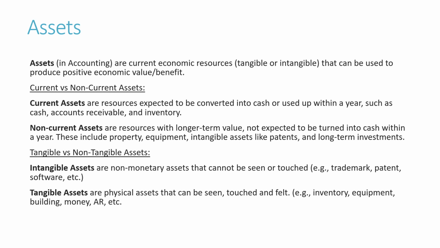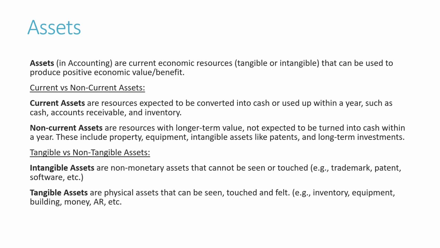Assets in accounting terms refer to current economic resources capable of generating a positive economic value or benefit. Assets can be either current or non-current. Current assets contain resources that are anticipated to be converted into cash latest within a year.